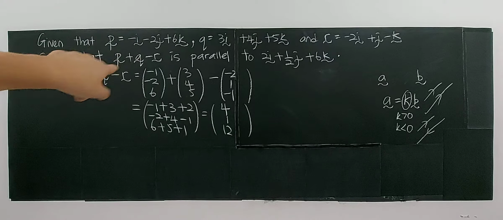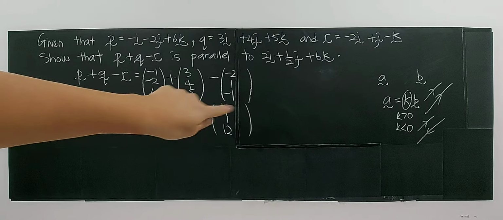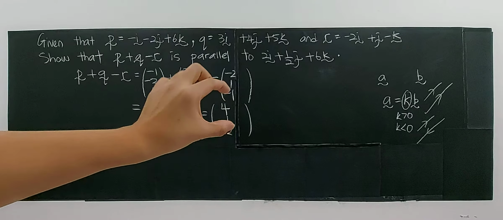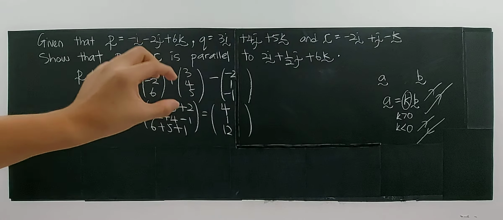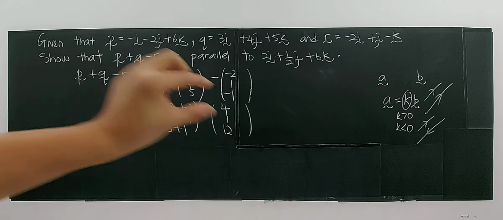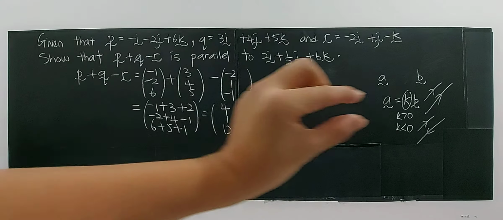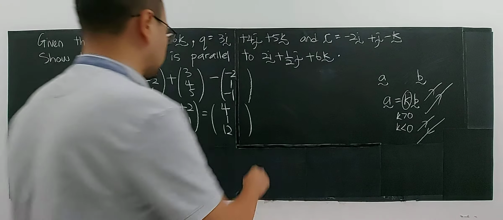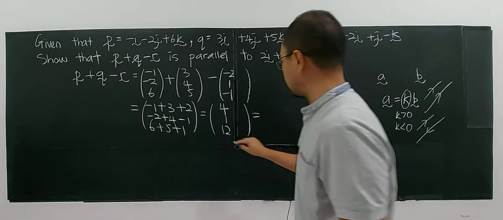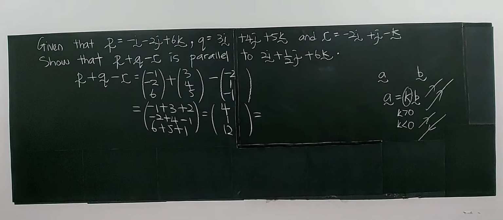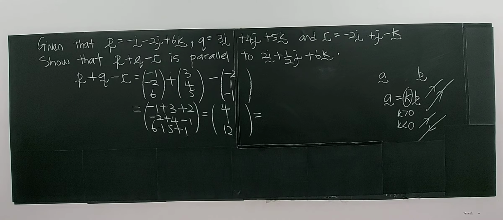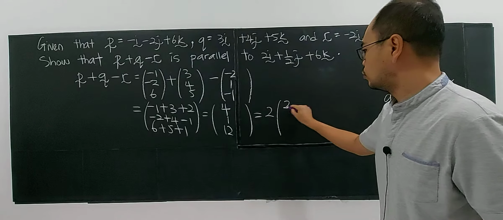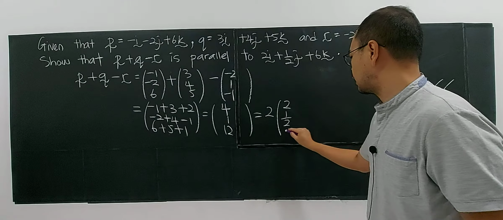The question is asking to show that after the addition and subtraction, this vector is parallel to this vector. Let's see, can we rewrite this vector, P plus Q minus R, in terms of k times this vector? Very easy. I can factor out the 2. So I take out the 2, and 1 becomes 1 over 2, and this becomes 6.